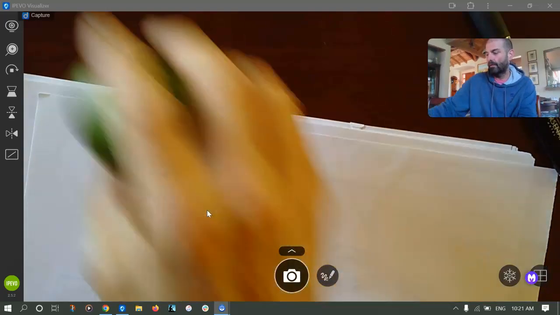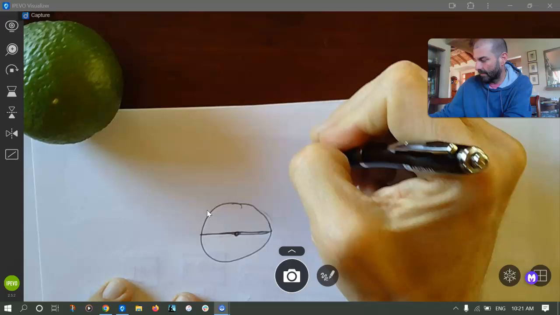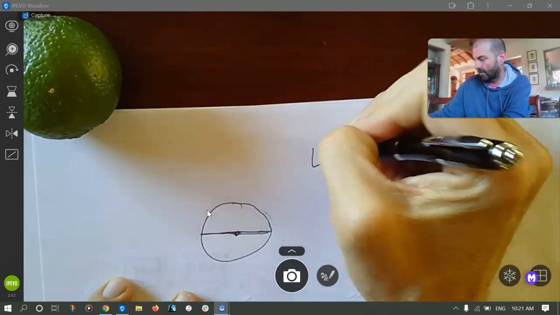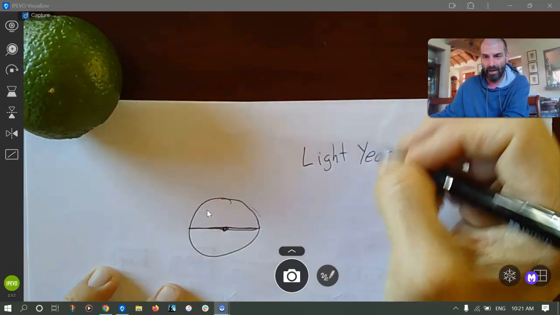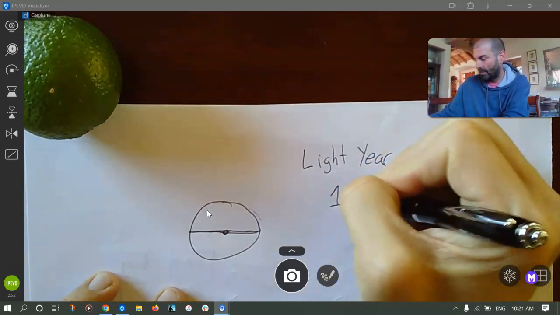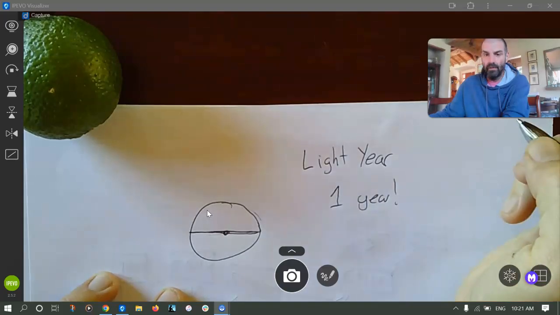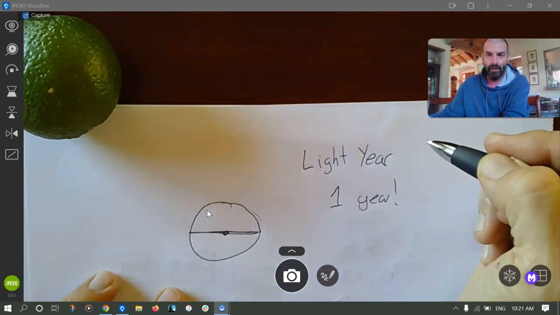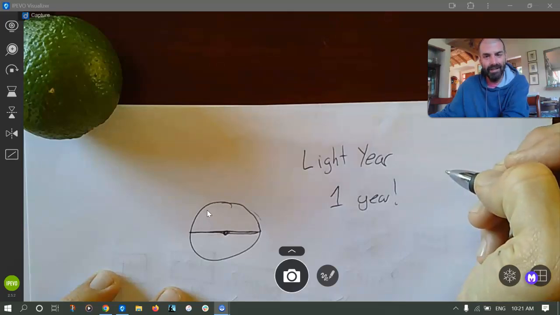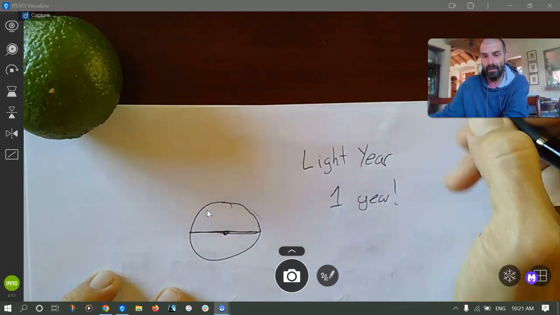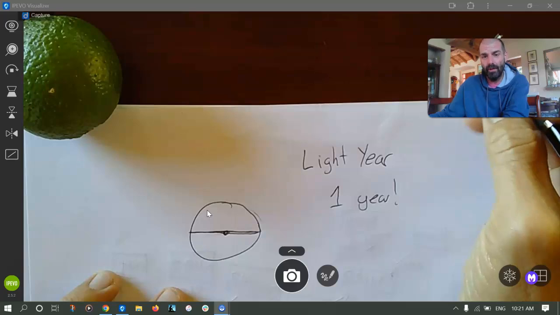Then, something else I brought up in some of the classes: a light year. A light year is the distance light travels in 1 year. So if it goes 7.5 times around the Earth in 1 second, how far does it go in a year? The stars that we see are light years away.